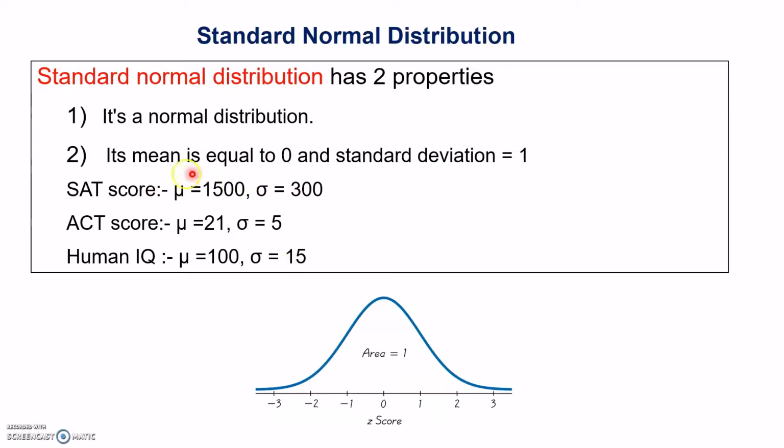The SAT scores, the standardized test exam, are normally distributed with a mean of 1500 and a standard deviation of 300. So you can see these are applications in everyday life. The standard normal curve comes into our study in everyday life, and we see it is commonly used.